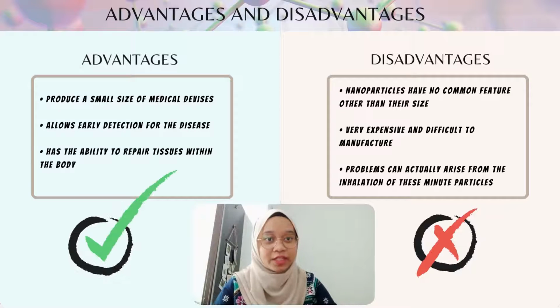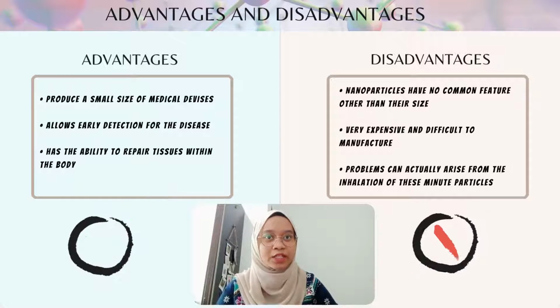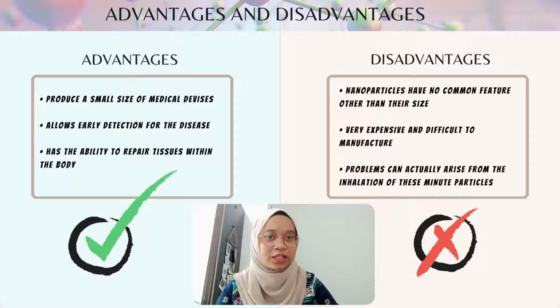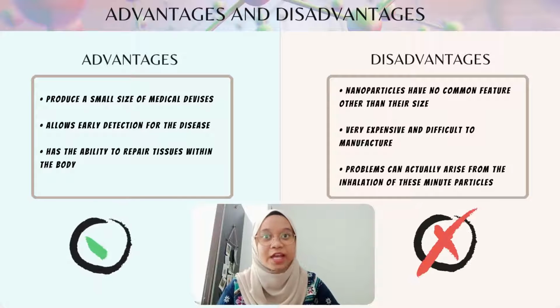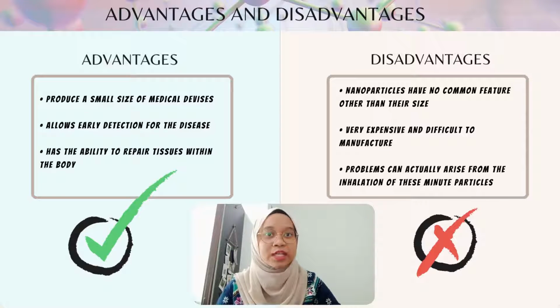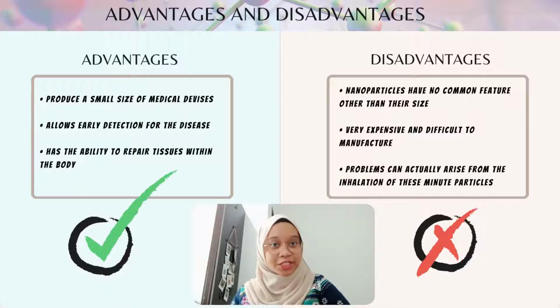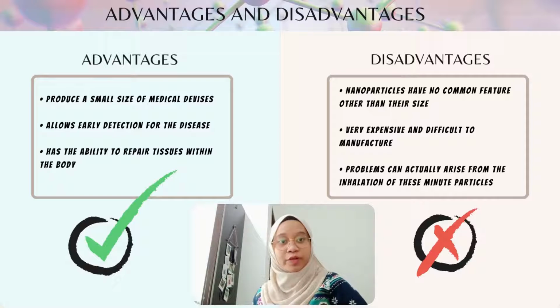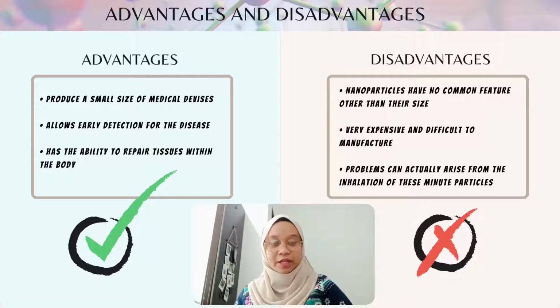So, the disadvantages of nanomedicine. First, a major drawback of nanomedicine is that nanoparticles have no common feature other than their size. Hence, each particle has to be assessed individually. Also, a change in shape and size can lead to various physical and chemical interactions. For example, a substance that is non-toxic at 100 nanometers can become a toxic material at 1 nanometer or vice versa.